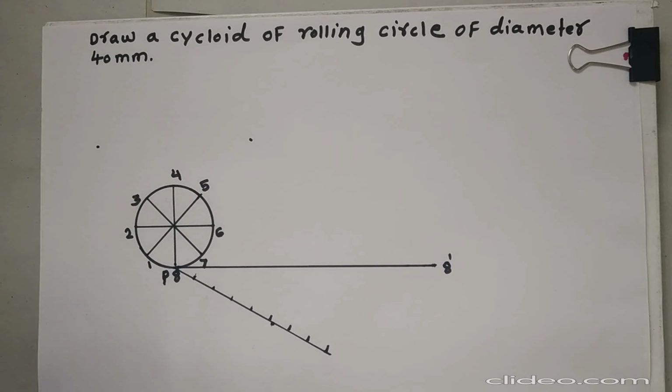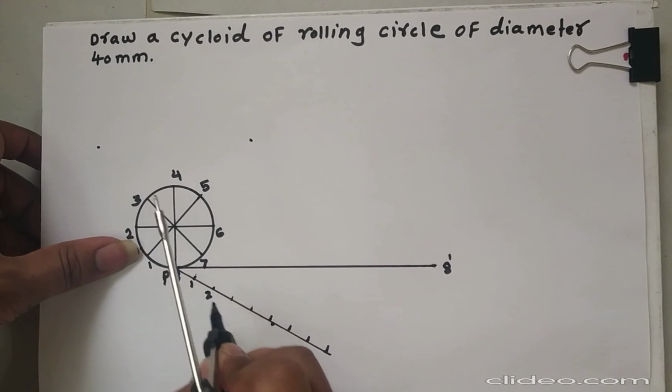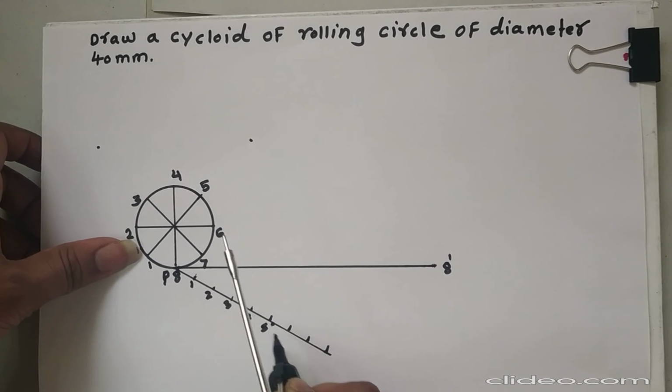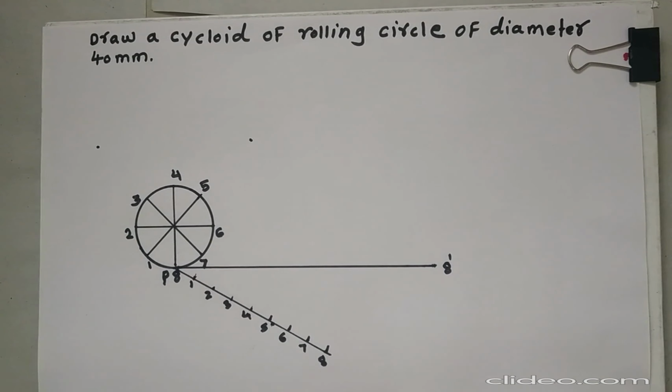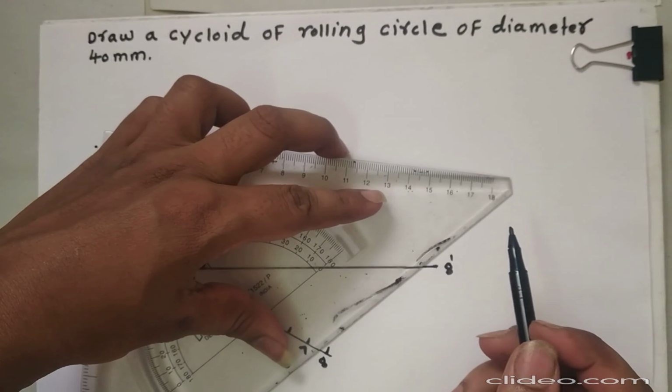Now name these points 1, 2, 3, 4, 5, 6, 7 and 8. Next you need to join 8 to 8 dash.